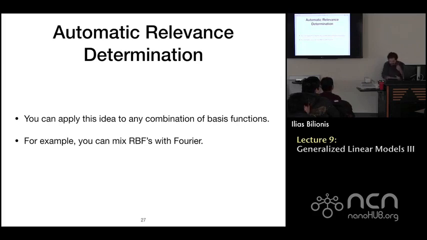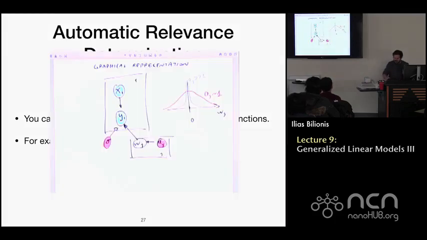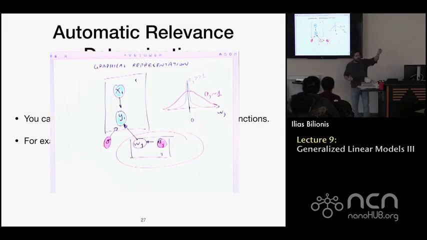So the idea of automatic relevance determination is based on this. You go to the weights of your model and you put a prior that allows your model to completely eliminate a particular basis function. This is the idea.